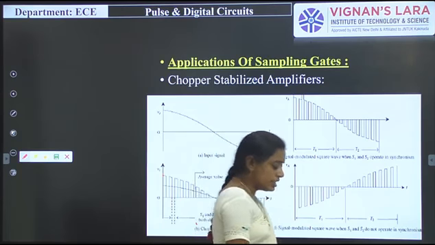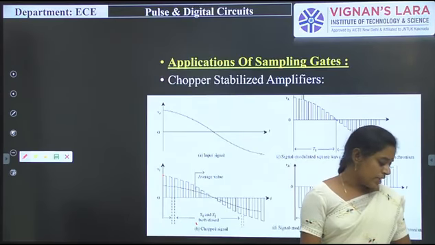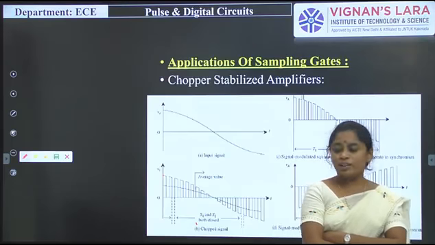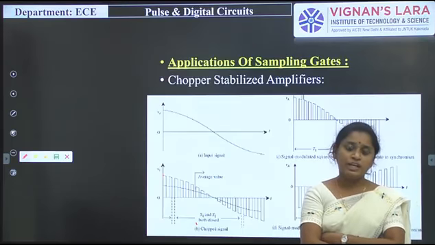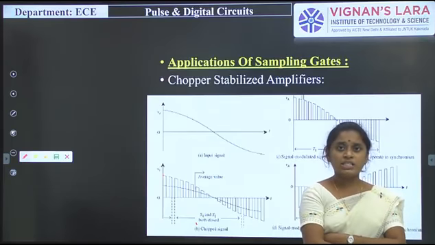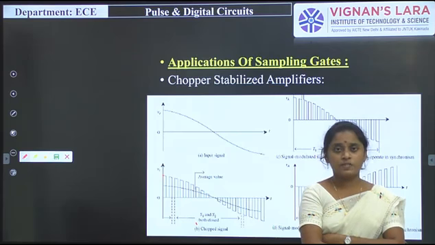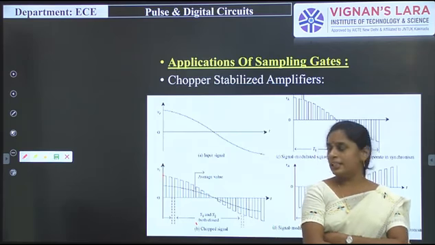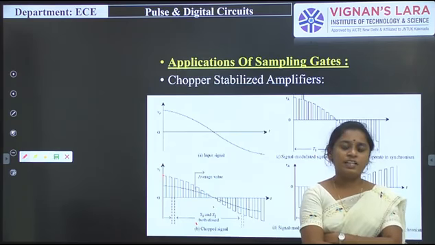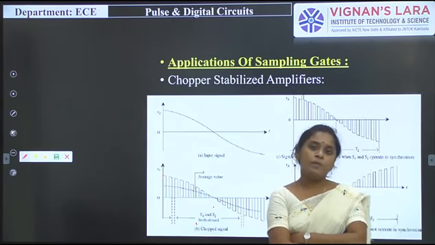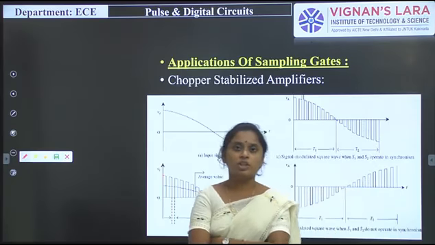In this technique, whatever input signal we give, we are also giving a square wave signal for controlling purposes. Based upon that, it performs the modulation operation. That's why this chopper amplifier is also known as a modulator.